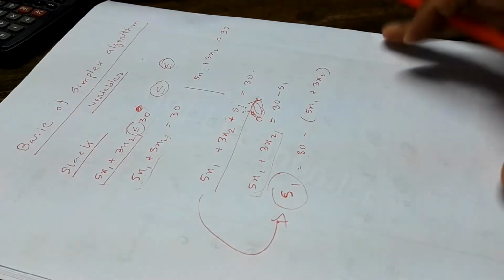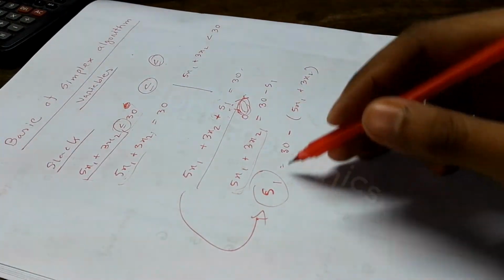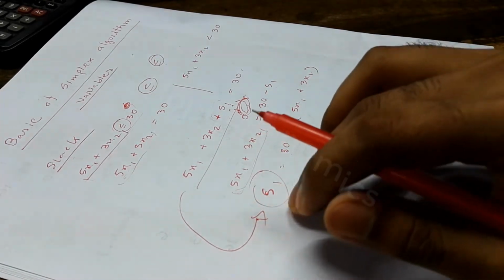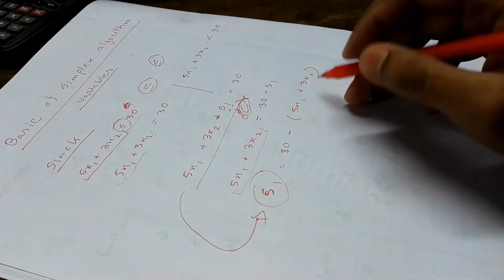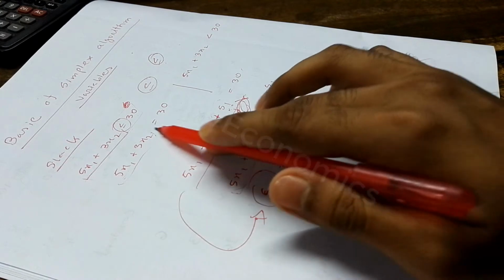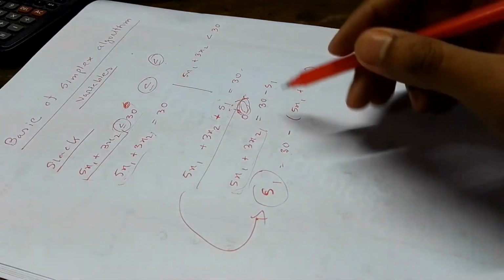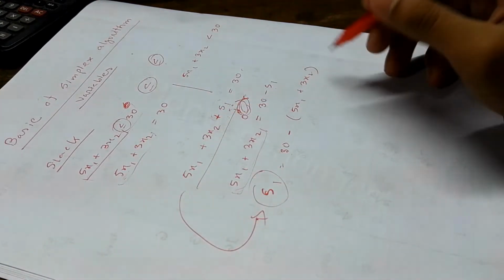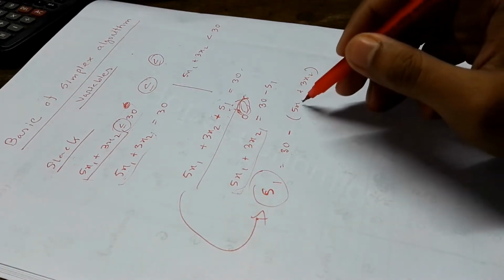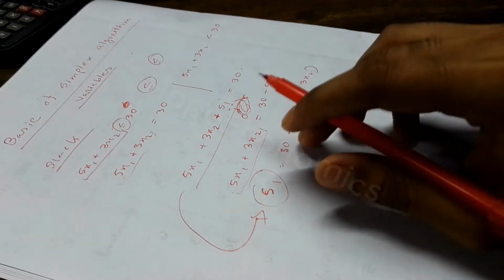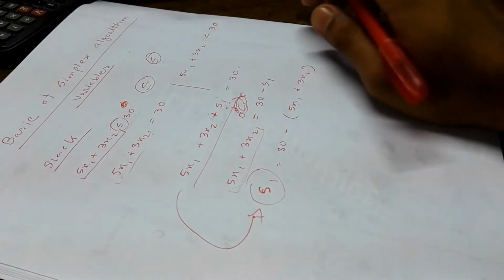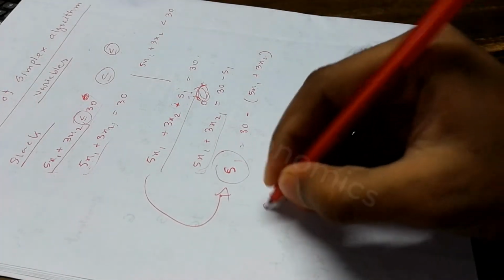So the value of s1 is a positive value, and that is the difference between the constant and this portion, meaning the total value of the equation, which contains x1 and x2 with their coefficients. A similar case is the surplus variable.